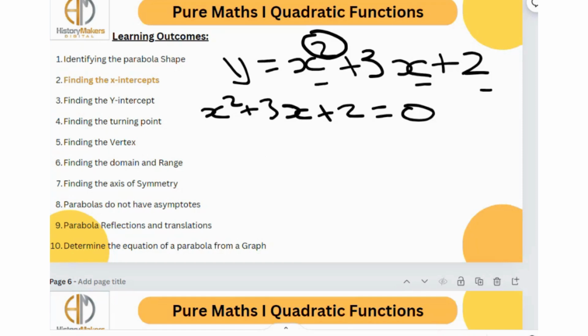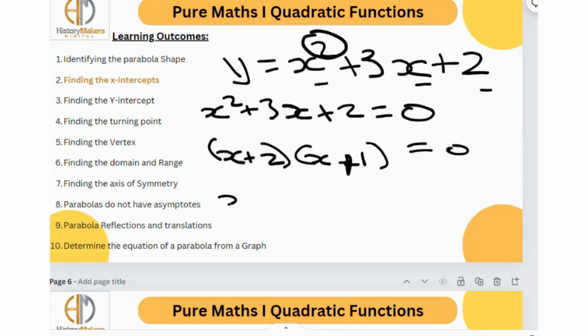Now, when we factorize this, we get (x + 2)(x + 1) equals 0. What we'll eventually find when we continue is that x plus 2 is equal to 0, or x plus 1 is equal to 0.